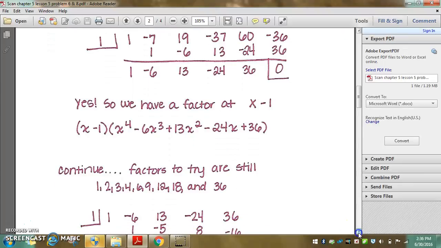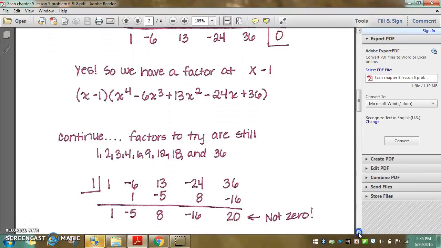All right, here we go. We're going to check 1. Here are our coefficients for our new function: 1, negative 6, 13, negative 24, 36. This 1 comes straight on down. 1 times 1 is 1.